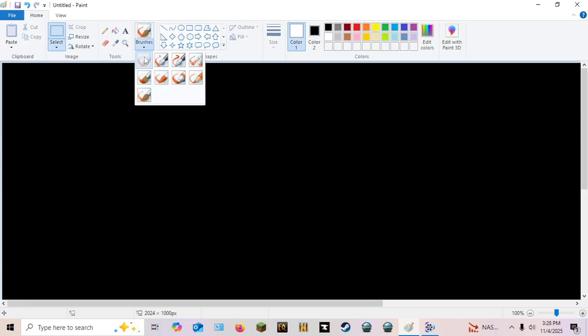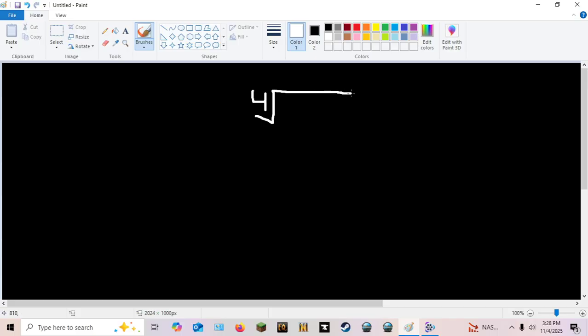Let's try the super fourth root. This is going to be very huge. The super fourth root of 65,536. We know that 2 raised to 4 gives us 65,536.